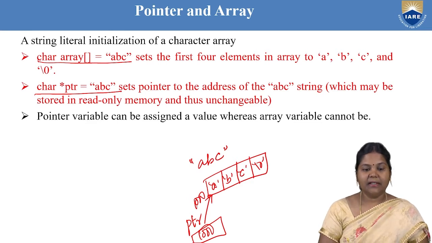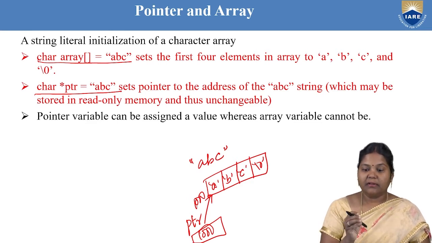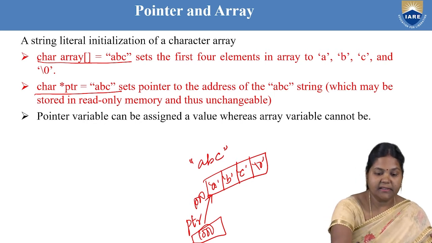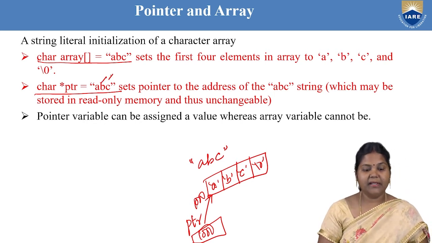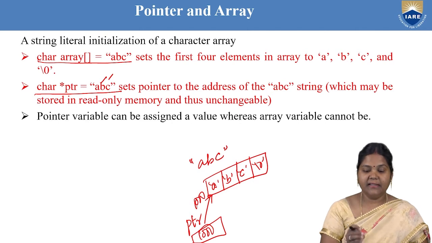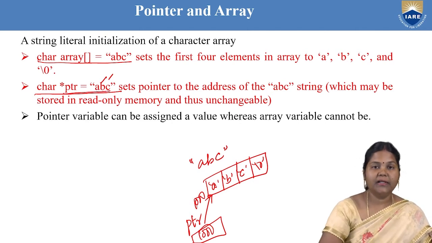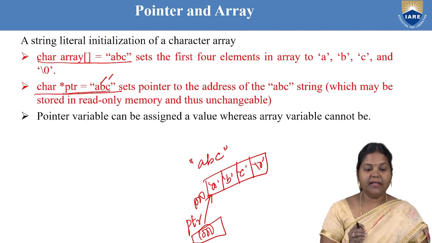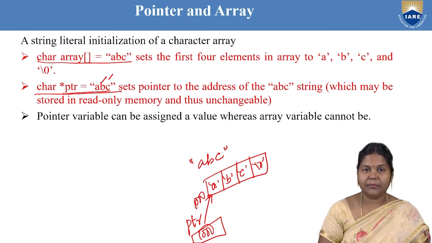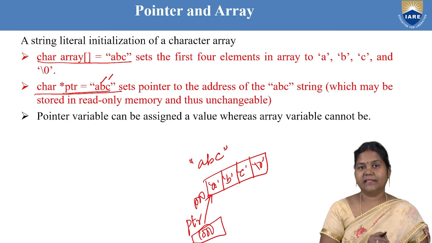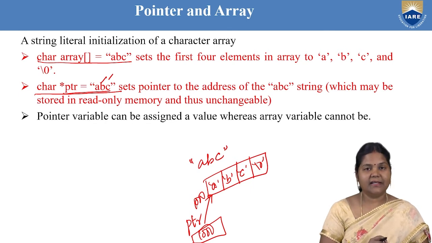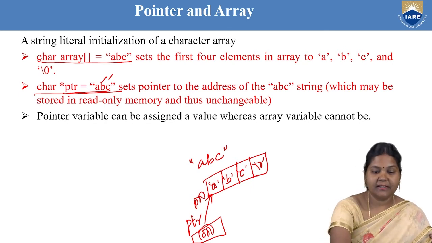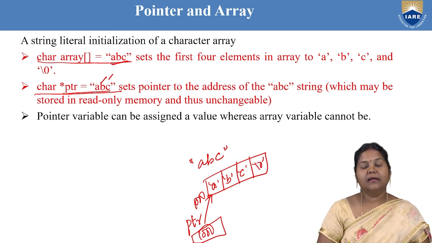What is the difference? In the pointer declaration, the characters A, B and C are stored in read-only memory and thus unchangeable. If you want to change them, it is not possible. Whereas in the array case, the characters A, B, C are changeable.